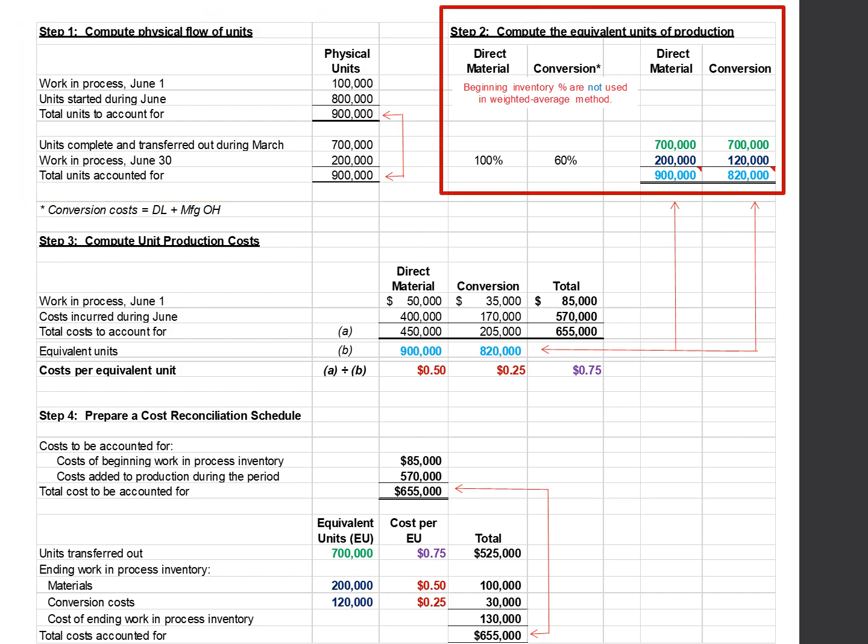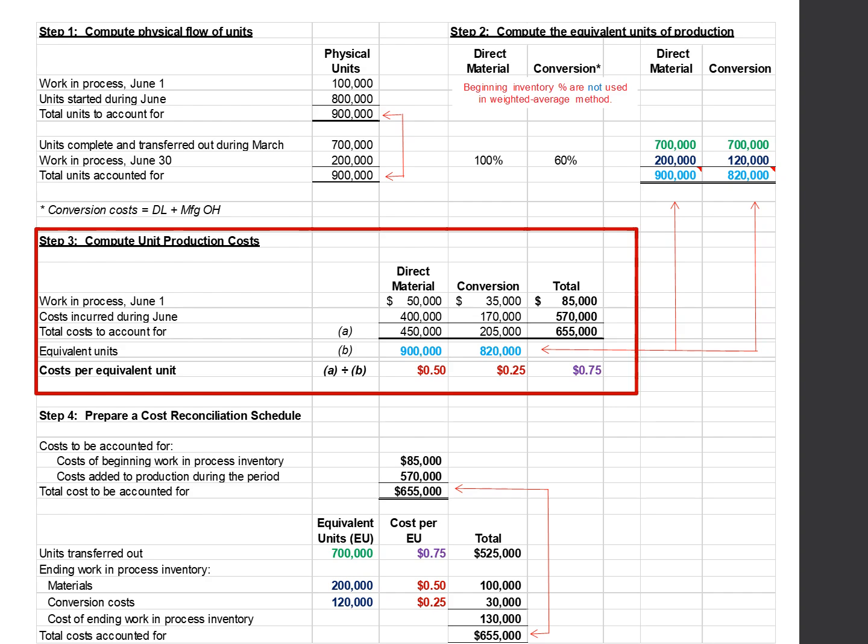After we've identified physical units, we need to determine equivalent units of production, which is step 2. We will assume that materials are added at the beginning of the process and conversion costs are incurred uniformly during the process. As a result, we need 2 calculations for equivalent units, one for materials and one for conversion costs.